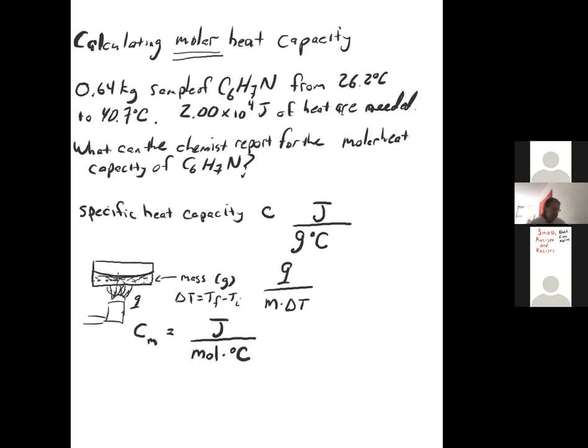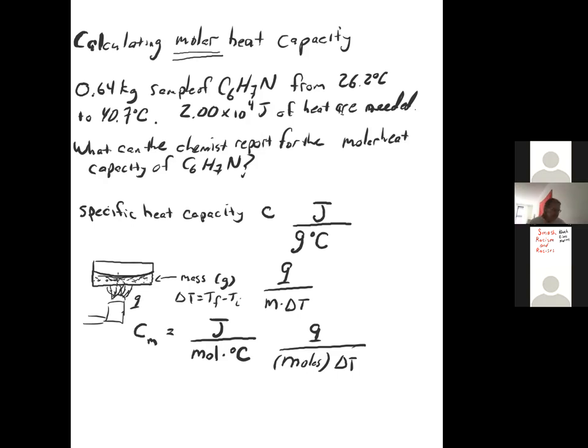So in other words, it's Q, not divided by the mass, but divided by the moles of the substance, and then times delta T, okay? And that's not a difficult calculation for us to do because we know how to convert the mass of something into the moles, just dividing by the molar mass, right? So if we know the molar mass of the substance, we can do that.